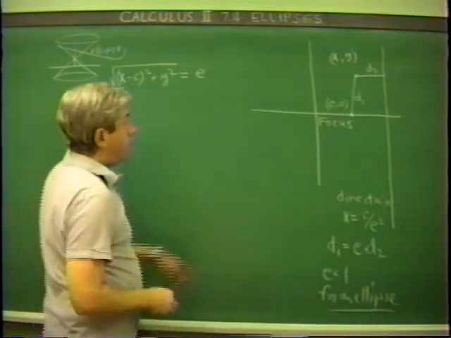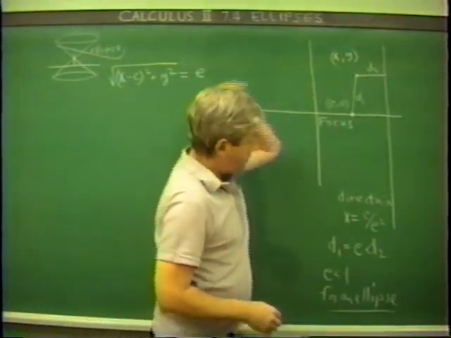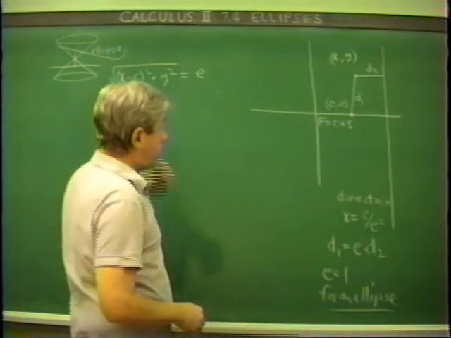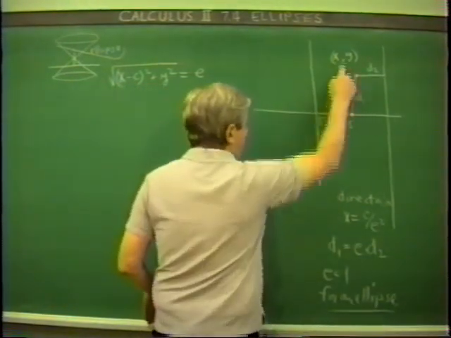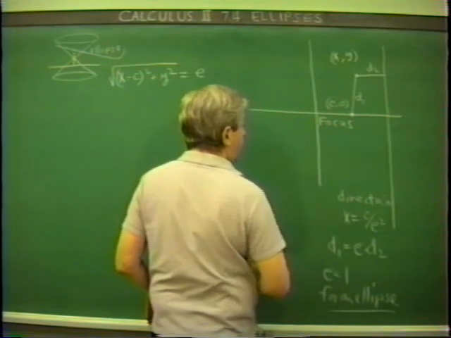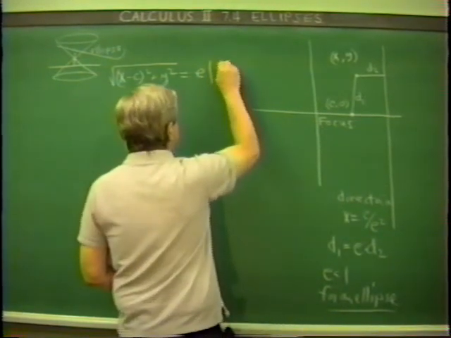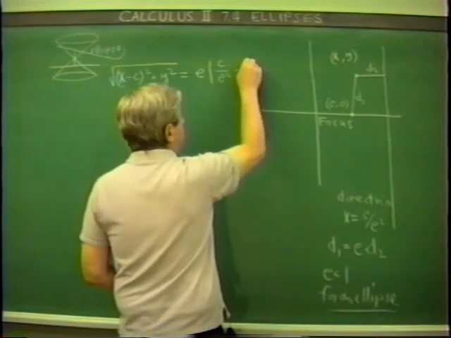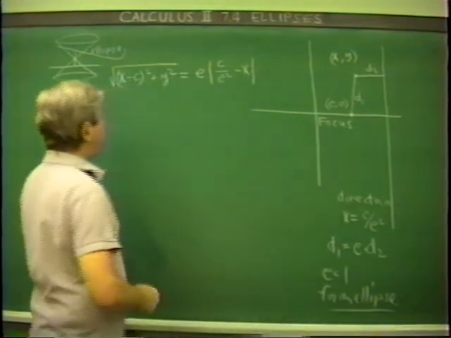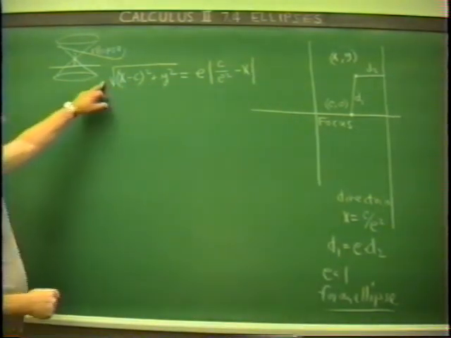This is supposed to be equal to e times the distance from this point to the directrix. Well, the point is xy, and the directrix is at c over e squared. This distance is going to be c over e squared minus x at absolute value.